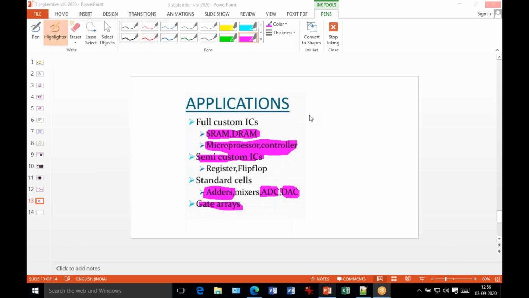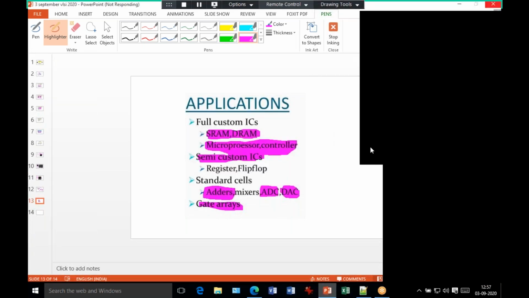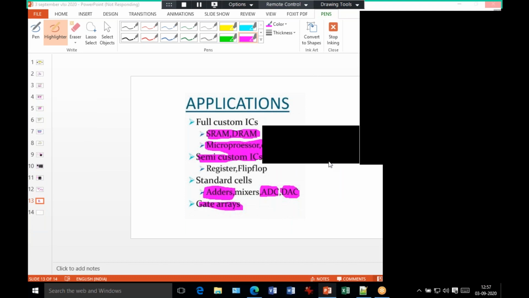Static RAM or dynamic RAM, or something like ADC or logic type, and semi-custom. So these are the very broad applications of BiCMOS technology, and this is a combination of CMOS and bipolar that you have combined in a single circuit.